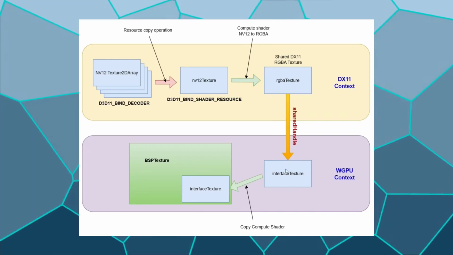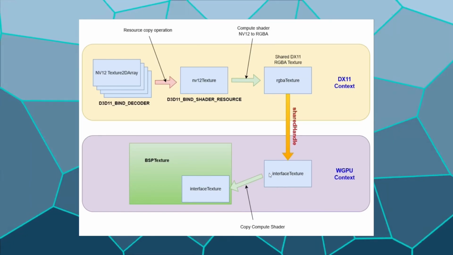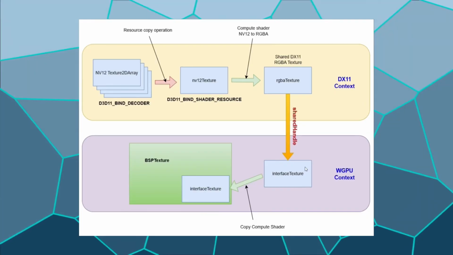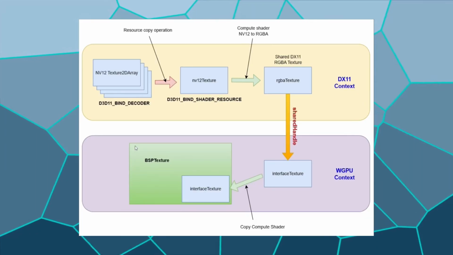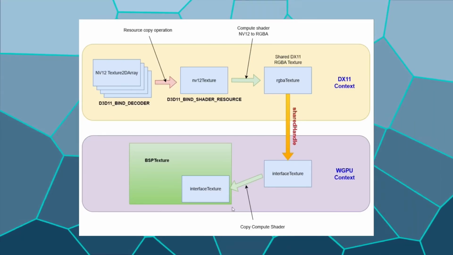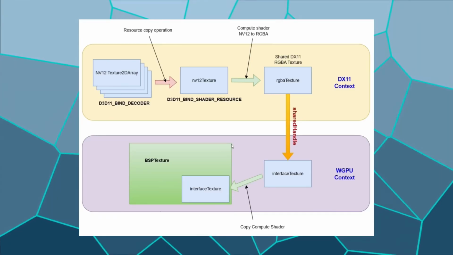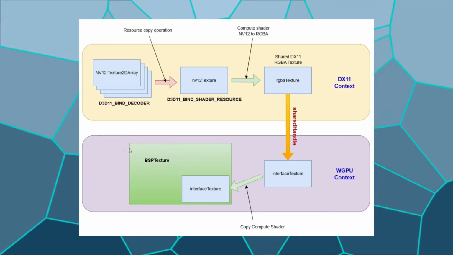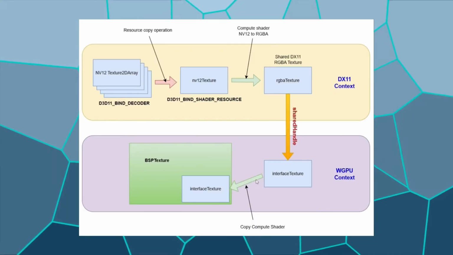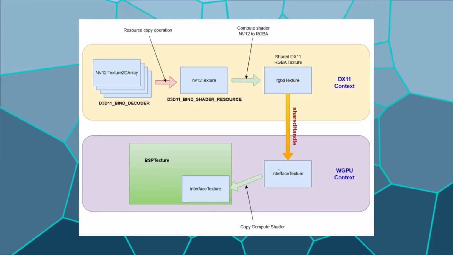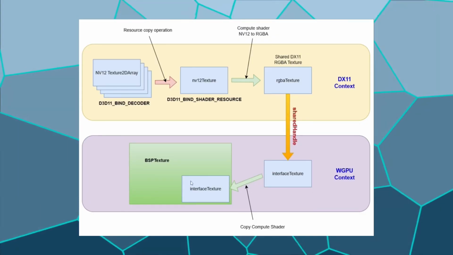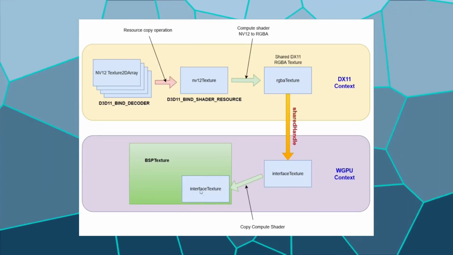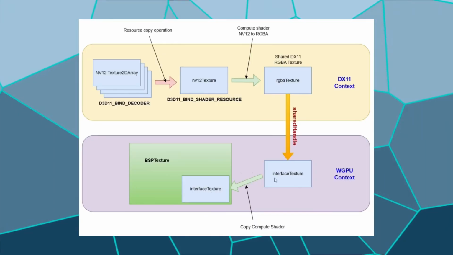Once we have the interface texture, we can do whatever we want from this point, but in my case I need to copy that into a bigger texture, which I'm using as a texture atlas for multiple processing. And so we do a simple copy of the data here, and that's where you actually get the data into the WebGPU memory part.